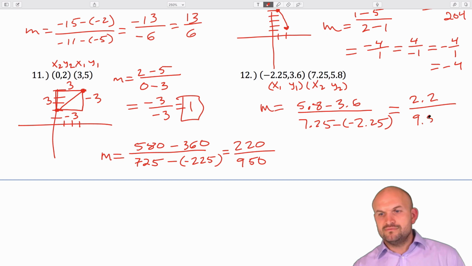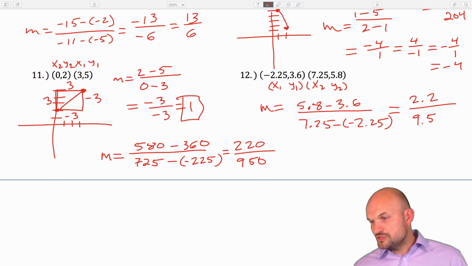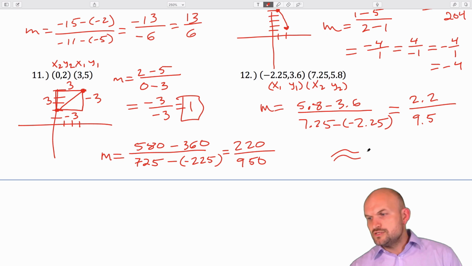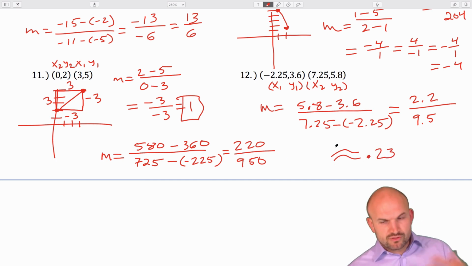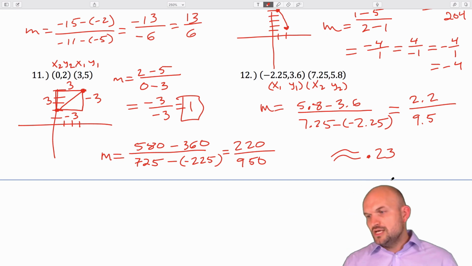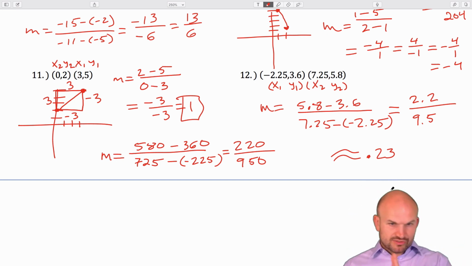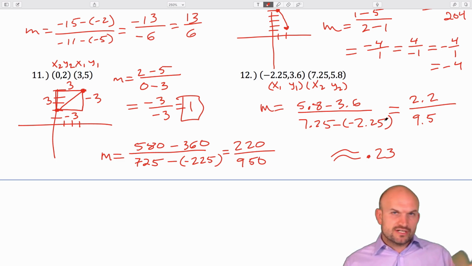Now, ladies and gentlemen, if we take these two values, 2.2 divided by 9.5, this ratio as a slope is a decimal of approximately 0.23. It continues going on, and that doesn't matter if you do 220 divided by 950 or the decimals. So there's at least a way you can go about it without using a calculator.